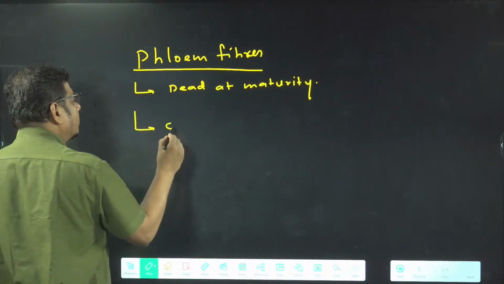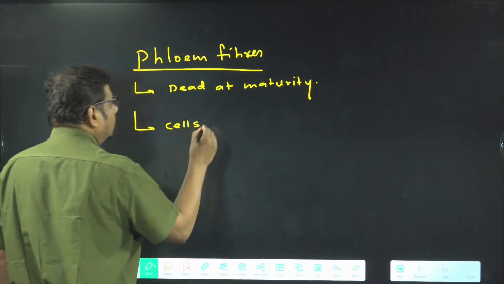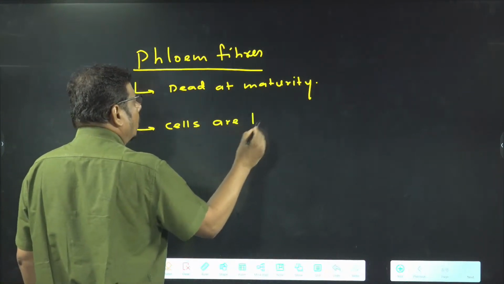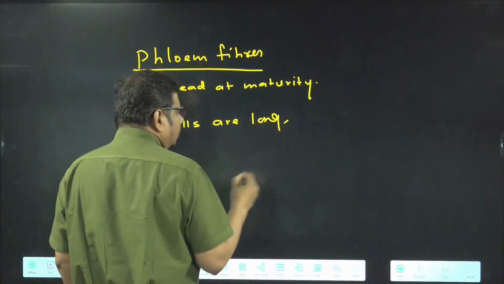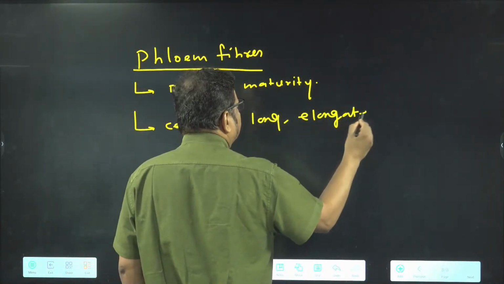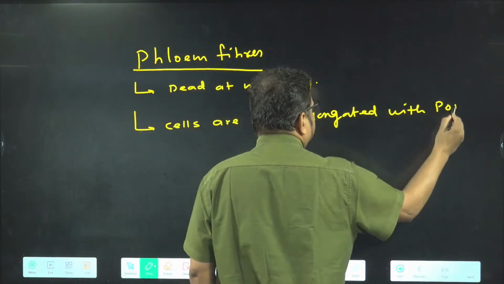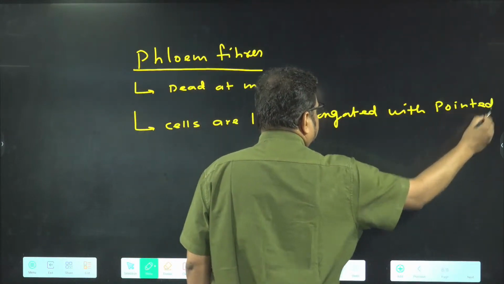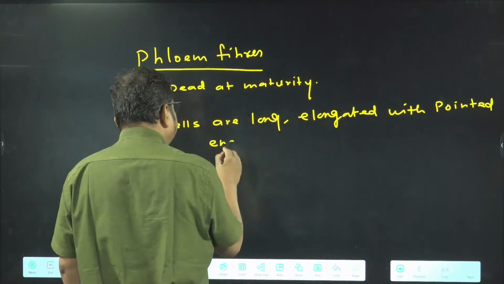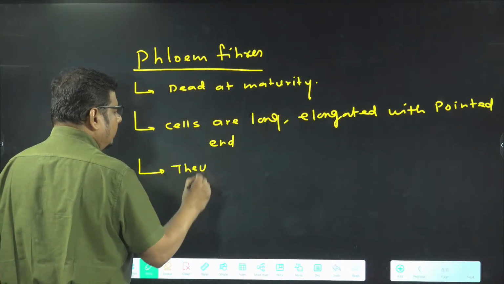Cells are long, elongated, with pointed ends. If you talk about phloem fiber, they are unbranched.